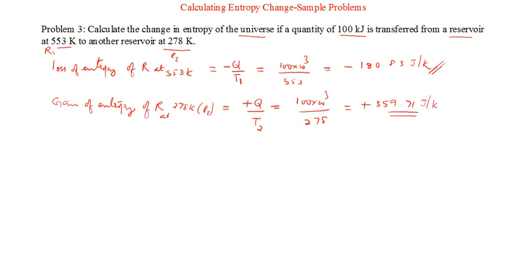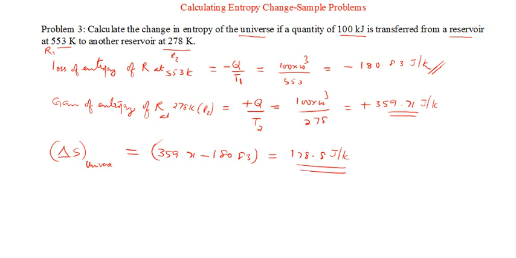Now what we are interested in is the total change in entropy of the universe. So delta S for the universe, you can just add all this. That is a net gain in entropy. You add these two: 359.71 minus 180.83, and you get 178.8 joule per Kelvin.